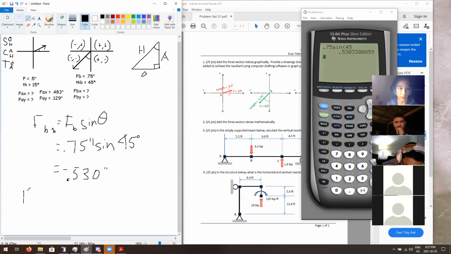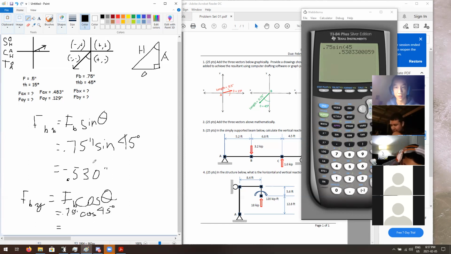All right, cool. F sub b y, do the same thing. F b cosine of theta, because now we're doing adjacent. So adjacent over hypotenuse. FB 0.75 inches, cosine of 45 degrees.